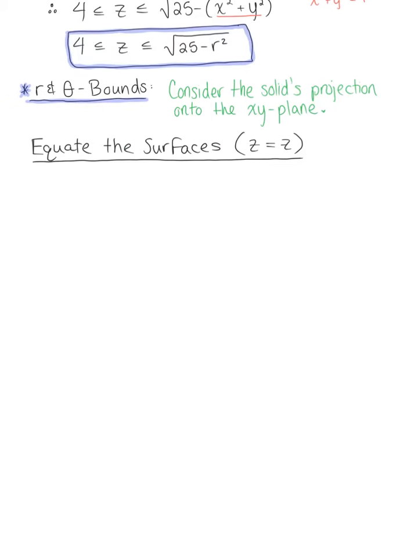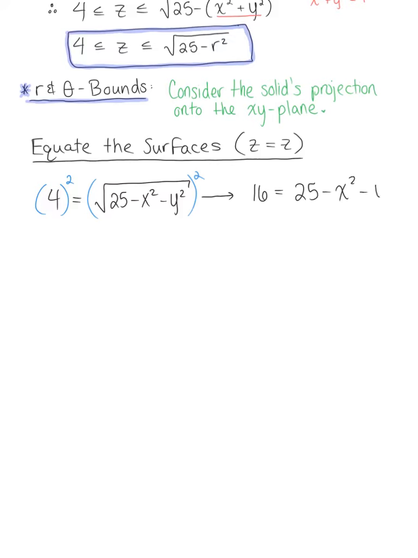So here we go, setting z equals z. We have 4 is equal to the square root of 25 minus x squared minus y squared. And to remove the square root, we square both sides, leaving us with 16 is equal to 25 minus x squared minus y squared. And now rewriting this as an equation that we recognize, we can bring both x and y to the left-hand side.